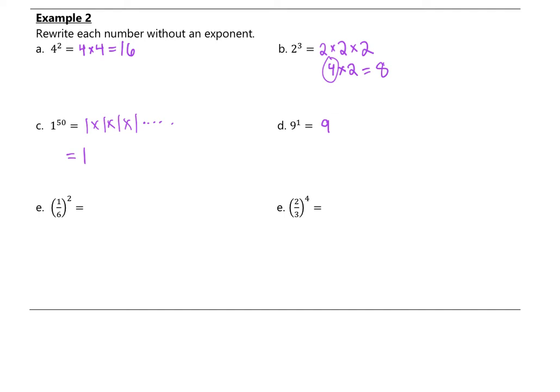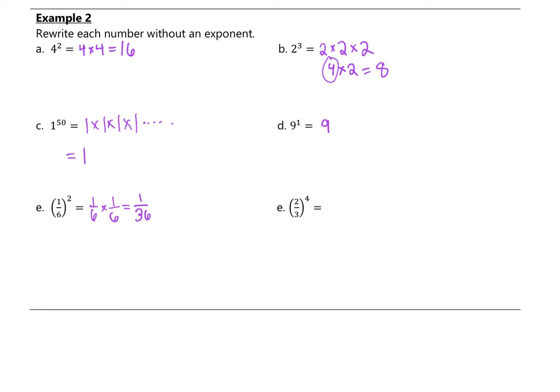Now, how about fractions? When we multiply fractions together, like 1/6 times 1/6, which is what 1/6 squared would mean, remember that you multiply the tops together, which gives us 1, and you multiply the bottoms together, which gives us 36. So our answer there is 1 over 36.